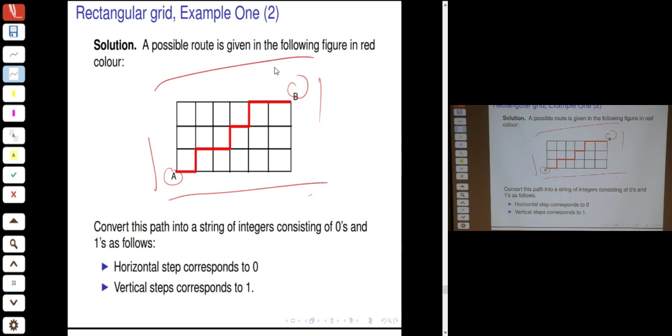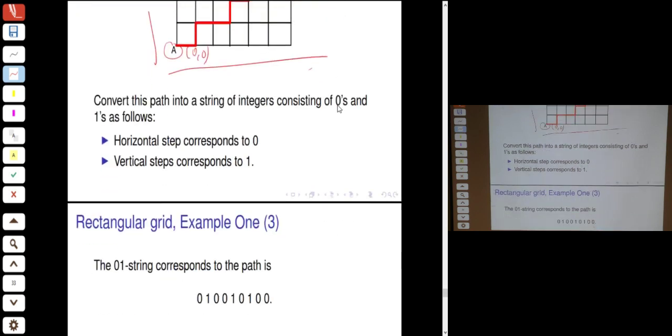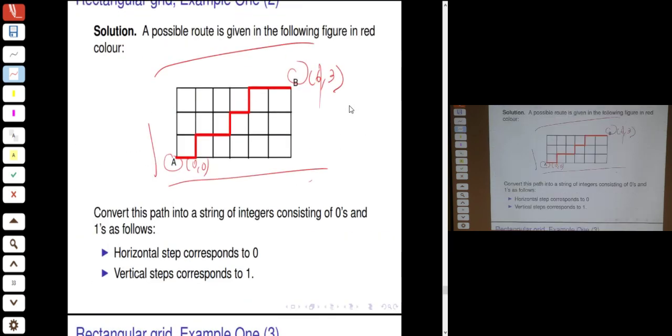Let's say A is 0, 0 on the graph paper, and B is 6, 3. Then how many such paths are there? How can you count? So here is a simple example. What you do is that whenever you make a horizontal step, you denote it by 0.